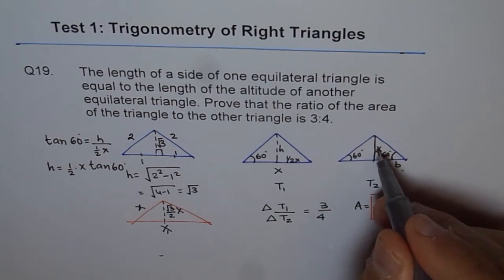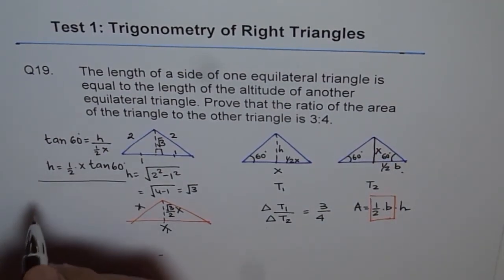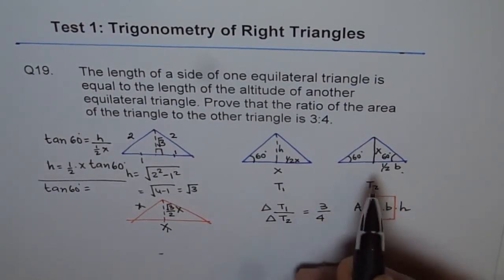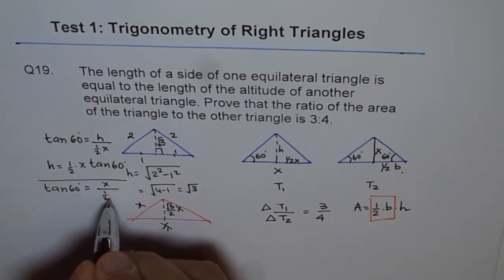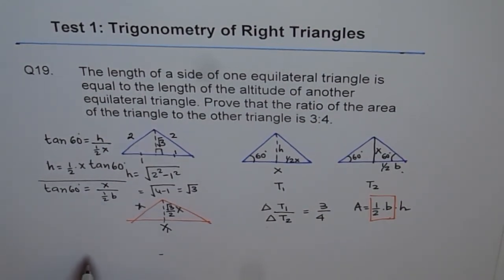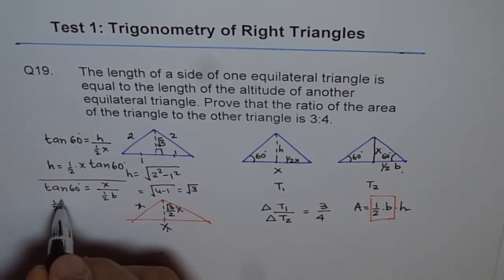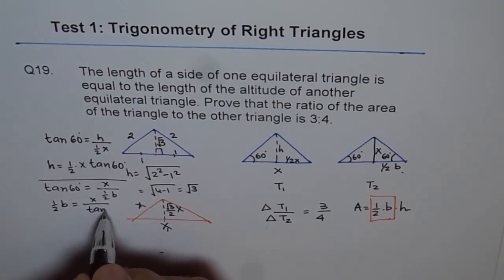We know x is the height. So for the second triangle, we can say tan 60 equals x over half of the base, correct? So half of the base is equal to x over tan 60.